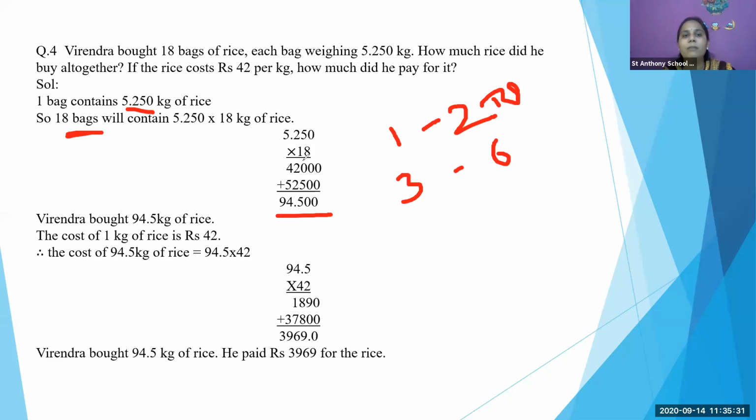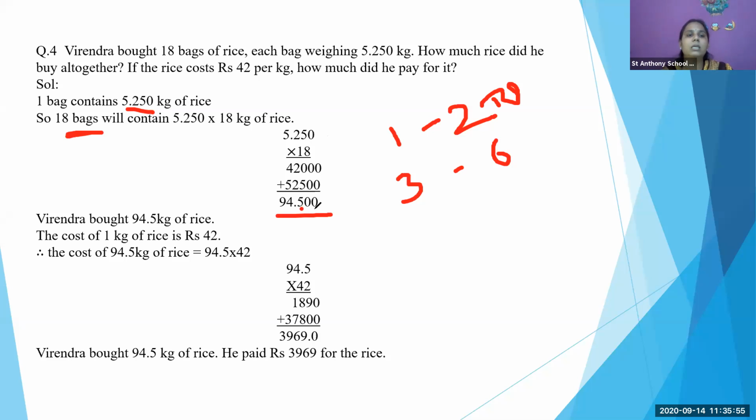You multiply first, and after multiplying, count the digits after the decimal point: 1, 2, 3. So 94.500 is the answer. Now Virendra bought 94.5 kg of rice. After the 5, this 0 doesn't have any value, as I told you before.